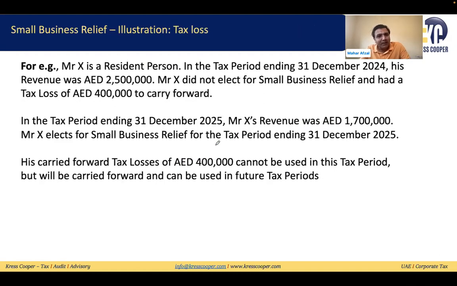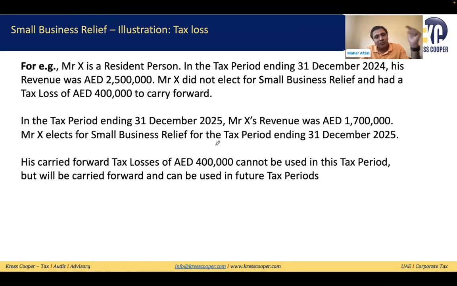One more example is that Mr. X is a resident person. In the tax period ending 31st December, his revenue was 2.5 million. Mr. X did not elect for small business relief, had a tax loss of 4 million to carry forward. If they have not opted for the small business relief, whatever tax loss they carry forward, they can adjust it. In the tax period ending 2025, Mr. X revenue 1.7 million.